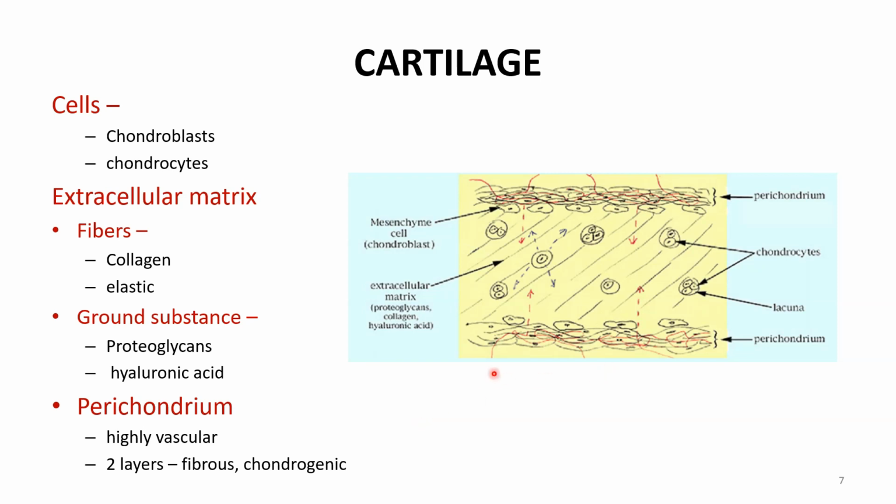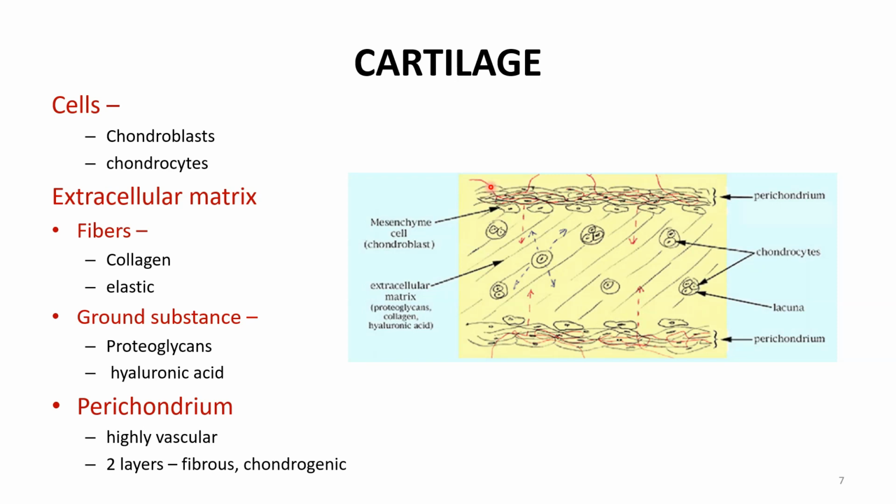Then the other feature which you are seeing here is the perichondrium. Peri means around, chondrium means cartilage. So around the cartilage. So the cartilage is surrounded by perichondrium, which is highly vascular. You are seeing so many capillaries in the perichondrium, and there are two layers of perichondrium.